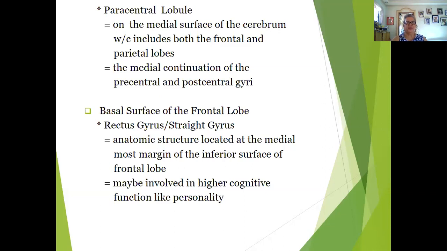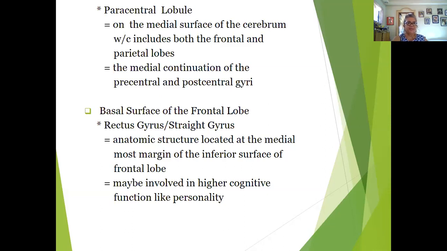Intersected or separated by the central sulcus of Rolando that has gone medial. So the paracentral lobule is the medial continuation of the precentral and postcentral gyrus.